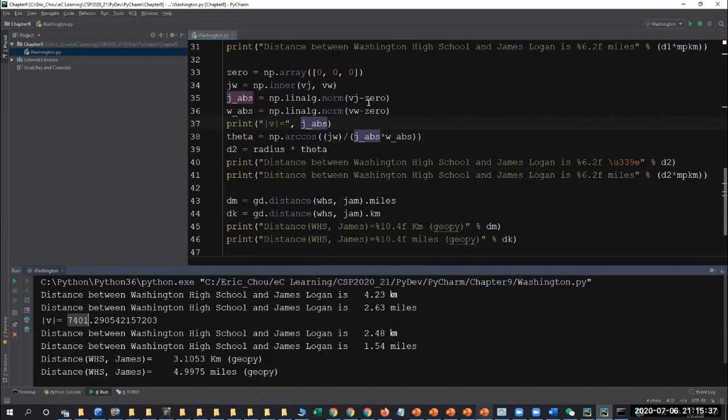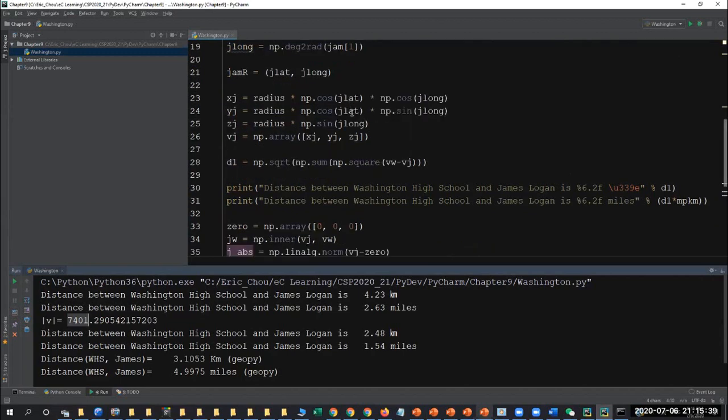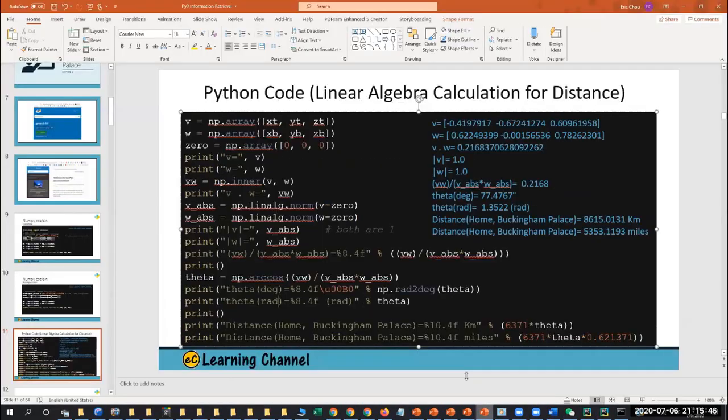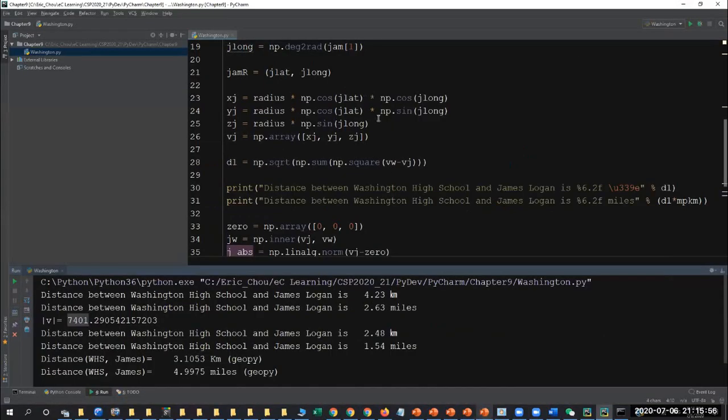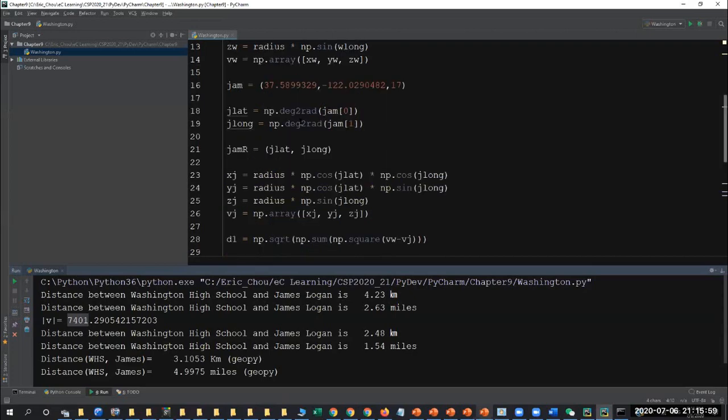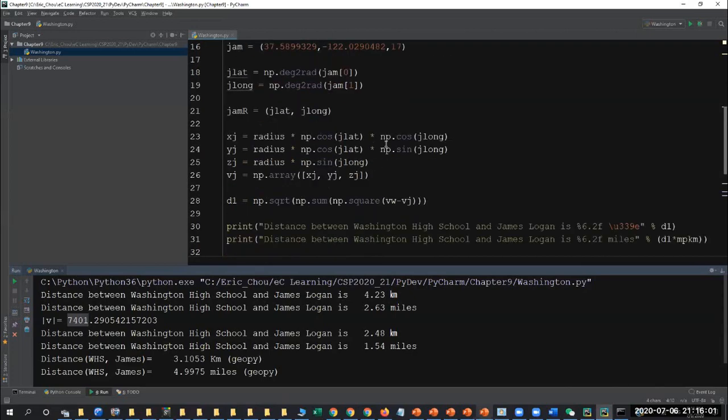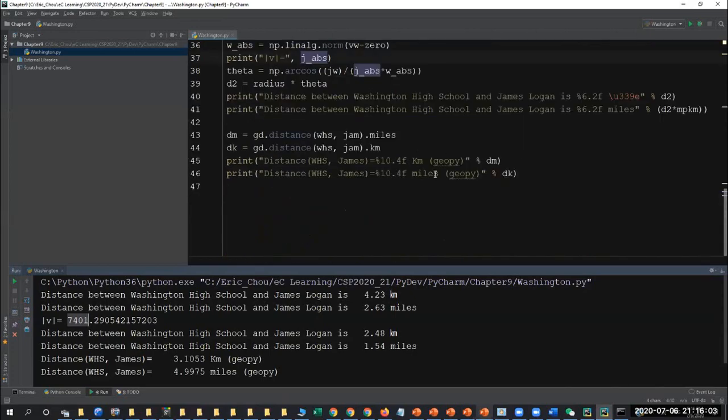I don't know why, but it's quite big. So let me check here. Go back to here: cosine, cosine, cosine, sine, sine, cosine, cosine, cosine, cosine, sine. Anyway, I have to check, okay?